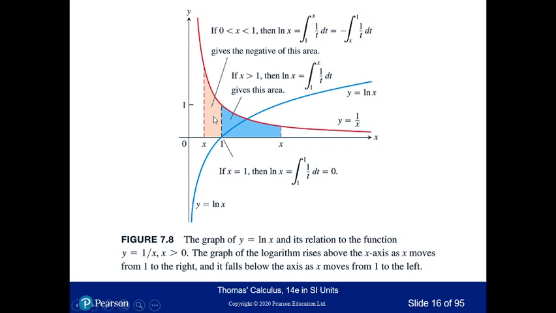Yes, okay, negative of this area, that's fine. It has a negative value, by the way, ln x when x is less than 1 but bigger than 0. That's okay. And it's going to give a positive value if x is greater than 1. ln x is this area, the integral from 1 to x of 1 over t dt, and it's going to give the blue area, no problem.